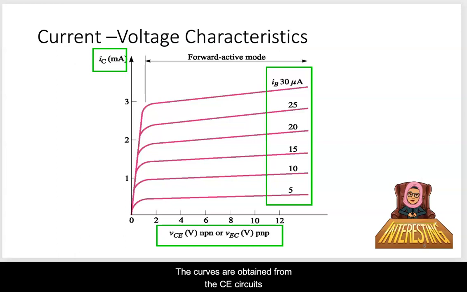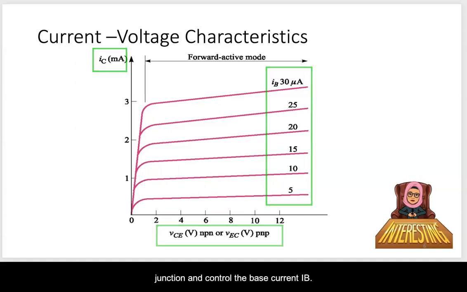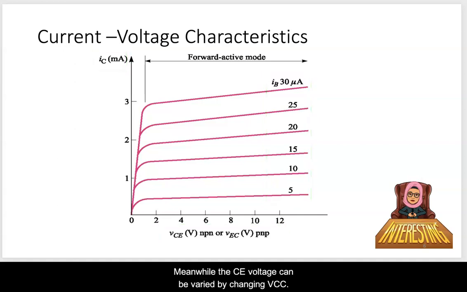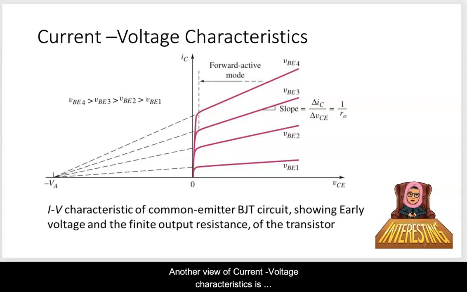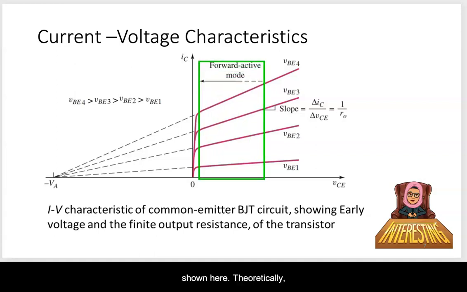The curves are obtained from the common emitter circuits, where the VBB source forward biases the BE junction and controls the base current IB. Meanwhile, the CE voltage can be varied by changing VCC values. Another view of current voltage characteristic is shown here. Theoretically, the curves are linear with respect to the CE voltage in the forward biased mode.